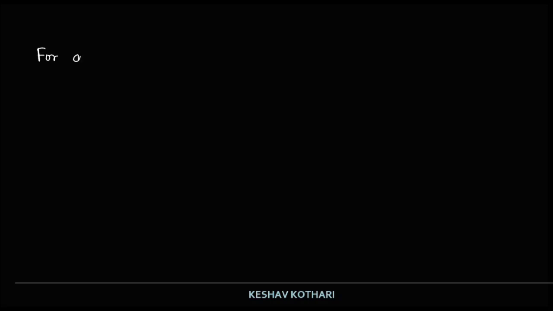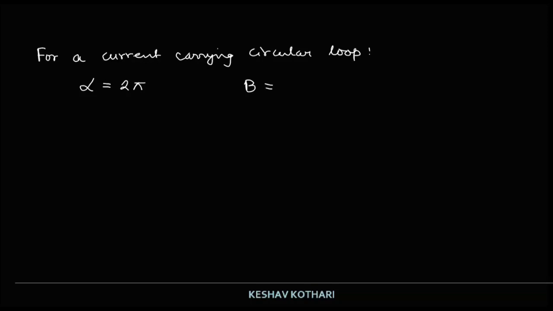So for a current carrying circular loop, the total angle alpha will become equal to 2 pi, and hence the magnetic field equation will become mu naught I upon 4 pi r with alpha equal to 2 pi. So this expression can be written as mu naught I upon 2r.